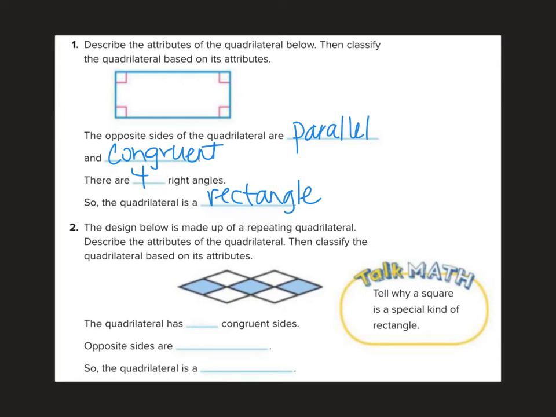Because I always go back to this. I've seen this question on Scantron tests, and what it says is, click on the rectangle. And it shows a shape that's like this. And then it shows a shape that's like this.